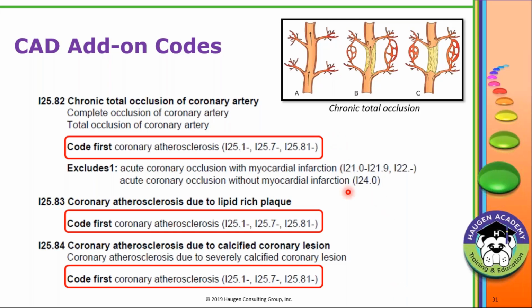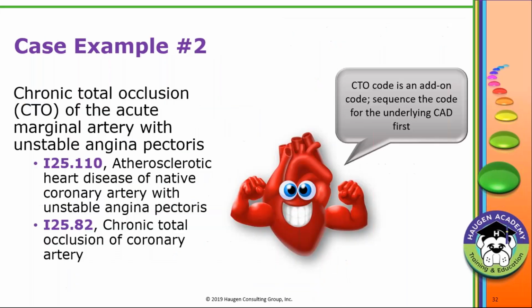All of these codes have an inclusion note underneath saying to code first the coronary atherosclerosis. So these get coded second. These are not primary CAD codes. Your first code will describe the location, and the second, if you have any of these, will describe the type of lesion.